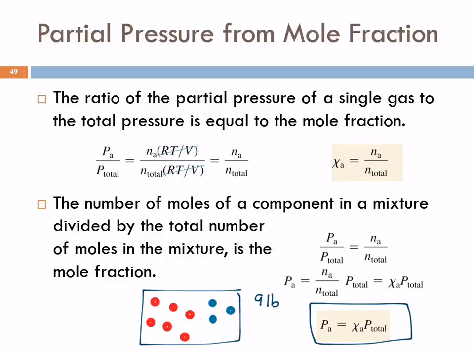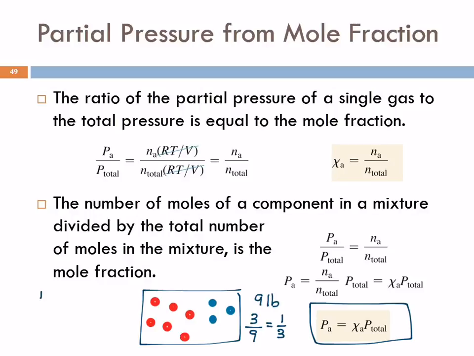What fraction of the balls are blue? 1/3. It's 3 out of 9 balls is blue. So that fraction is 1/3. So what's the mass of the blue balls? It's 1/3 of the total mass, or 3 pounds.